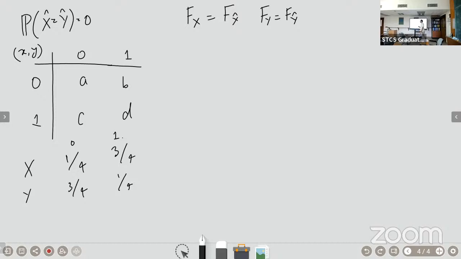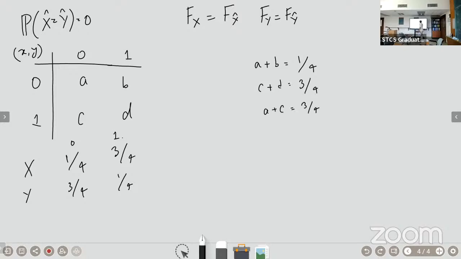Okay, so what are the conditions on A, B, C, D that I need to ensure? A plus B is 1/4. C plus D is 3/4. A plus C is 3/4.